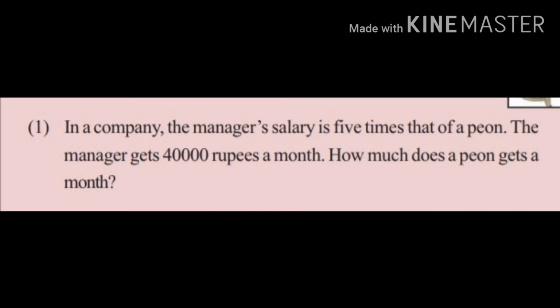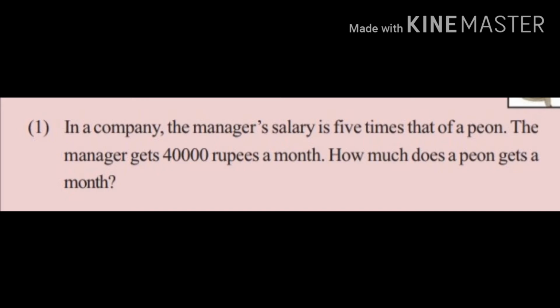Here we are learning the chapter equations. The main use of an equation is, if we know one quantity, we can easily find the next quantity. The relation related to those two quantities will be given in the question. By using that, we can create one equation, and by solving that, we can find the next quantity.